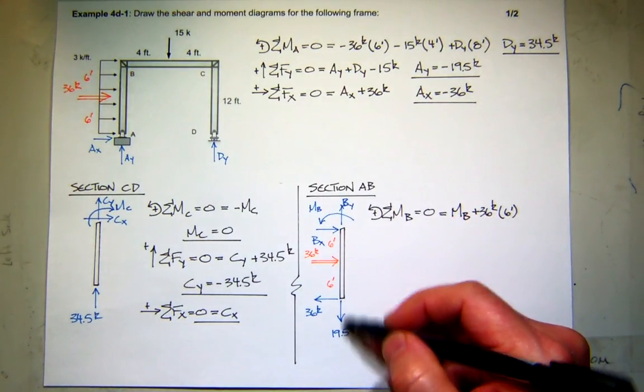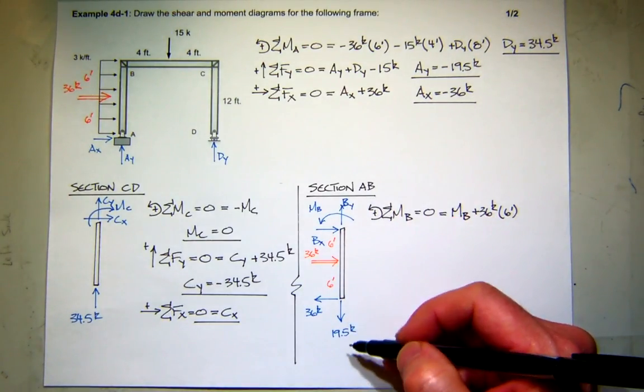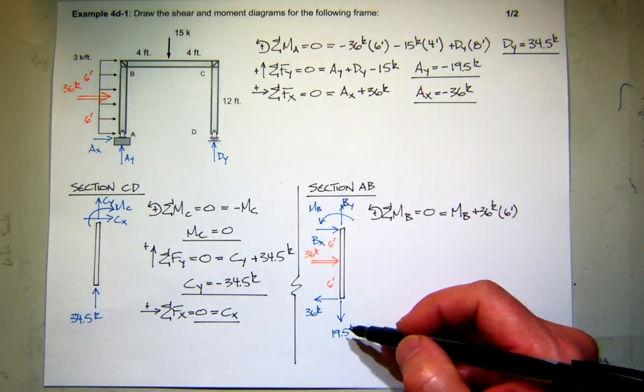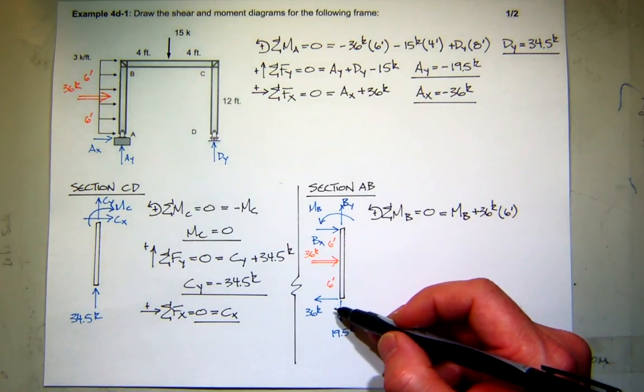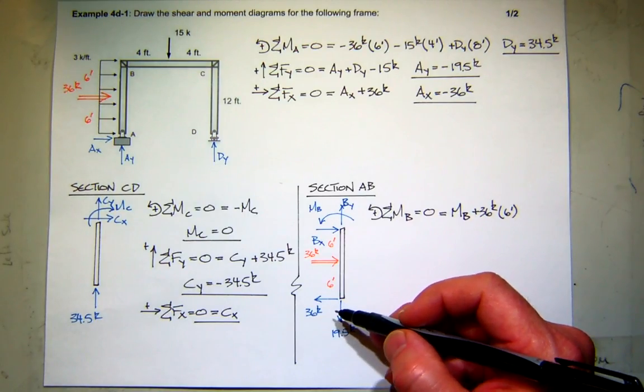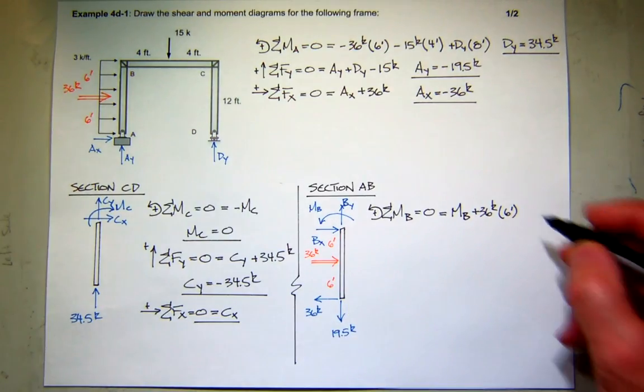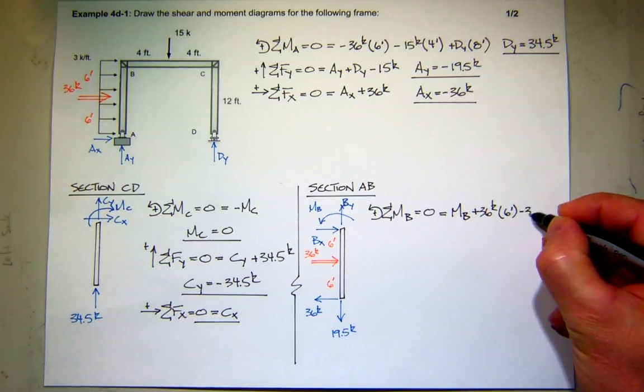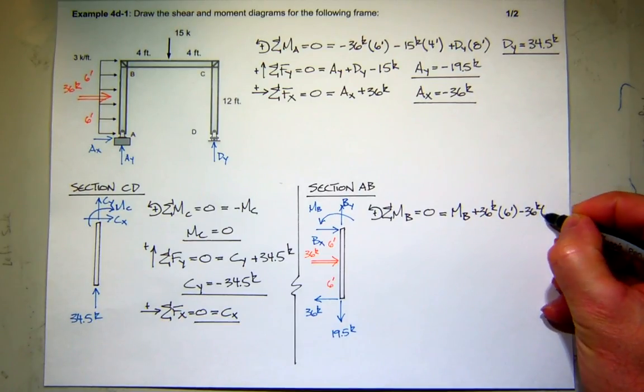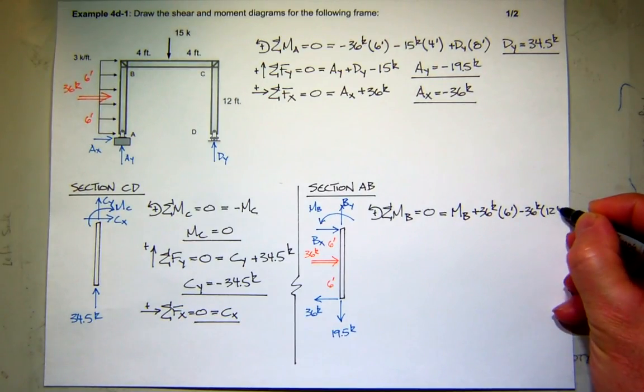What about this 19.5 force? Does it create moment about B? Does not. What about this 36 kip force here? Does. Positive or negative moment? Negative. And it has a moment arm of 12.